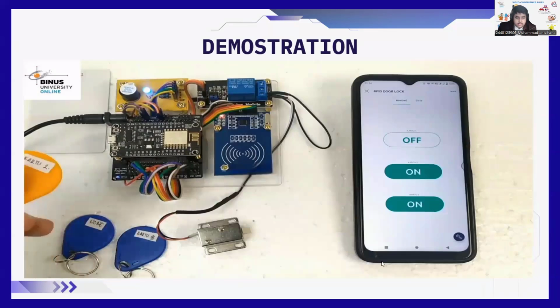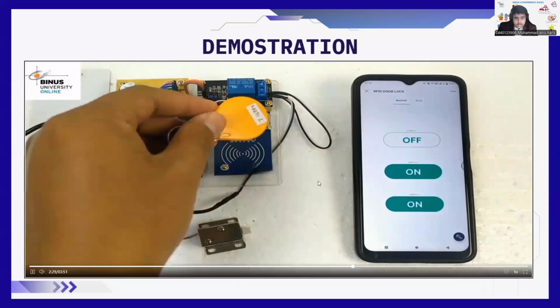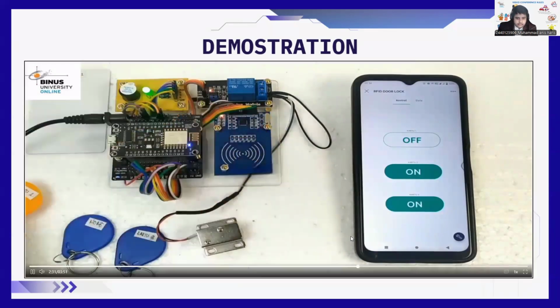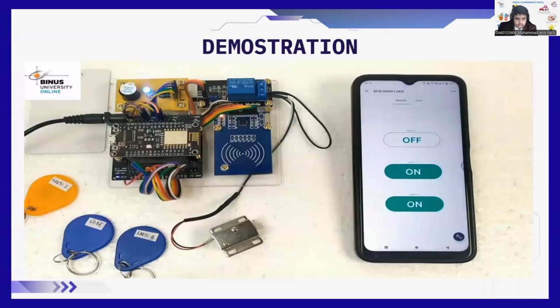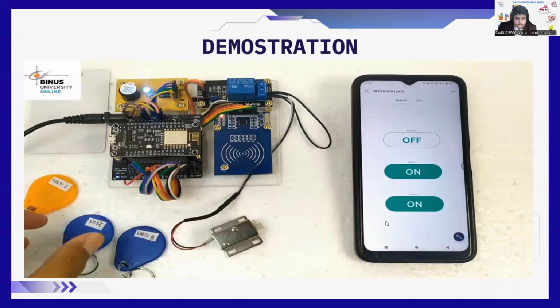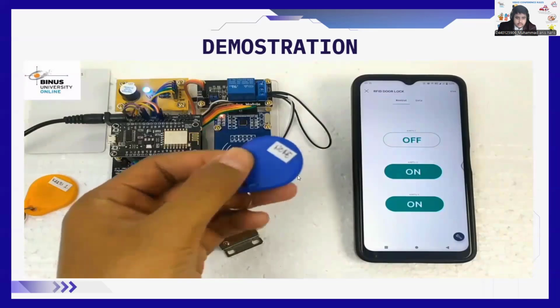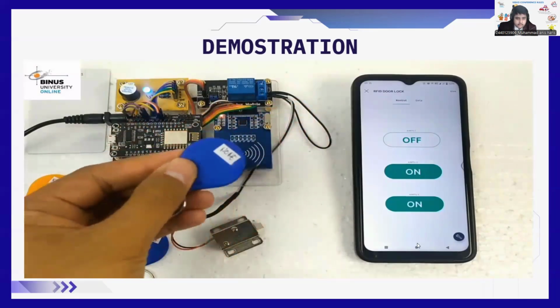However, this is another example. When we put the wrong or unauthorized key, this is what will happen. So this is when we bring the wrong key and we try to access.